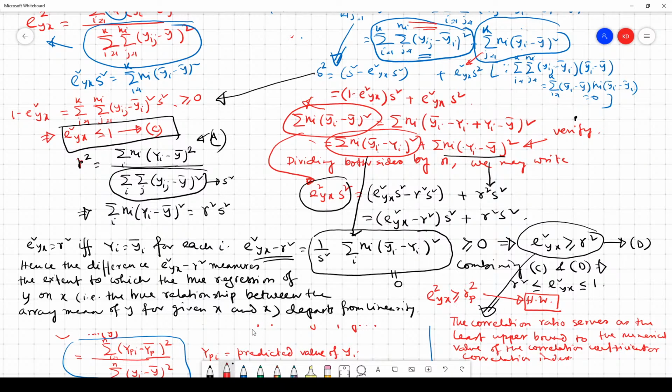So as a result, we can write e square yx is less than or equal to 1, and greater than or equal to rp square, then r(p minus 1) square, and so on, and lastly r square, and this should be greater than 0.